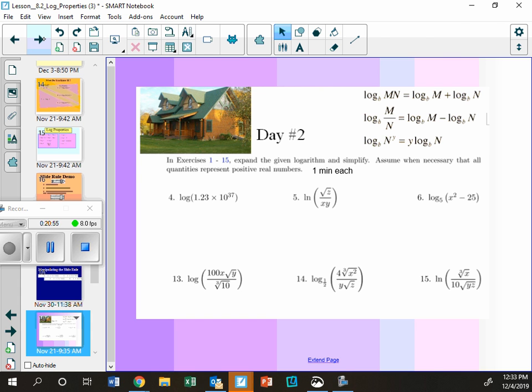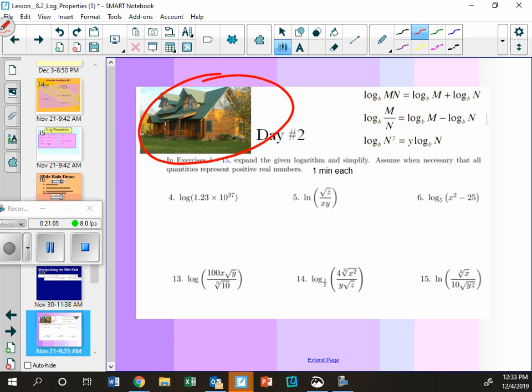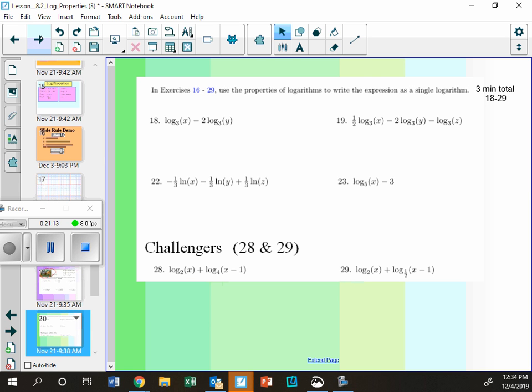So all the ones that I told you to skip before, some people were like, but which ones did it tell me to do before? It's kind of irrelevant because from here on, from the cabin on, I want you to do every problem that we didn't do before. So you're now assigned all of those except the challengers. I always say you can skip those because those sometimes even stump the math teachers.